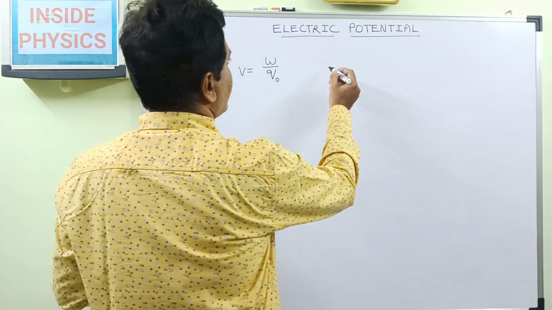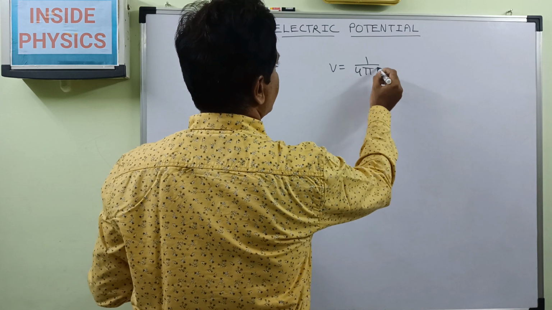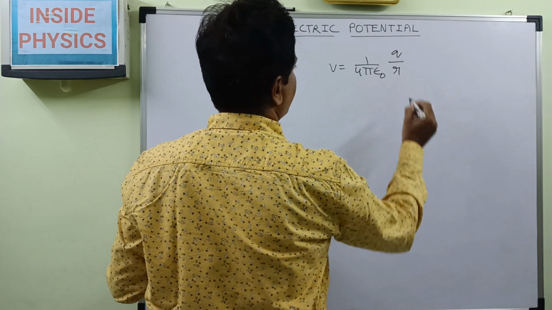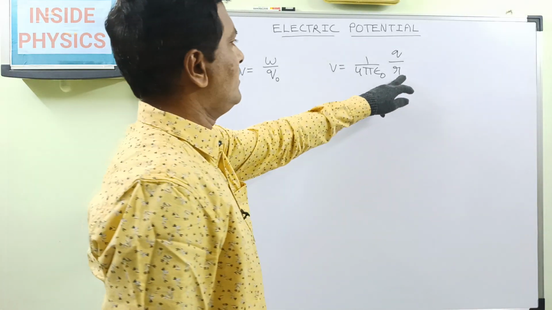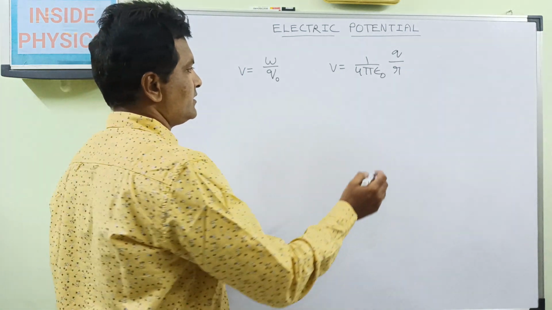In another form we can also represent potential as Q by R, where R is the distance between a unit test positive charge and a charge.